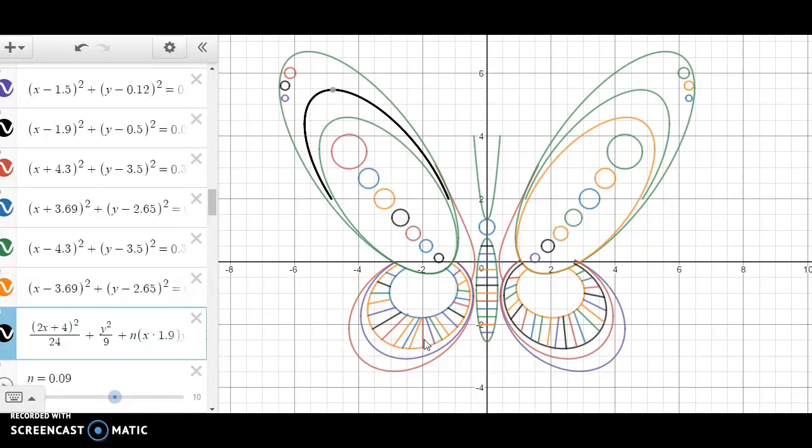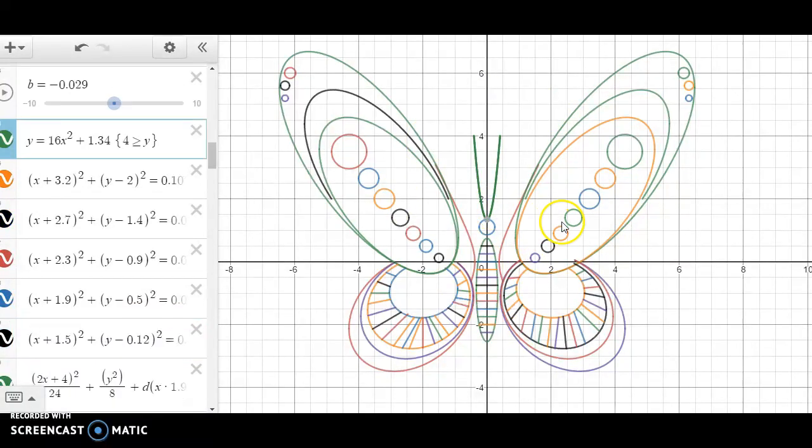I also used a parabola in my image, and you can see that with the antennae of my butterfly. I used the parabola to make the antennae, and I did that by changing the general formula of a parabola, y equals x squared plus 1, so that it would be y equals 16x squared plus 1.34, and that made the center of my parabola (0, 1.34).